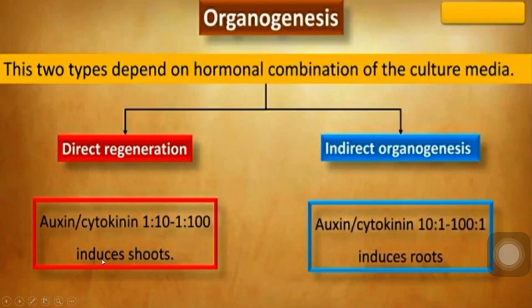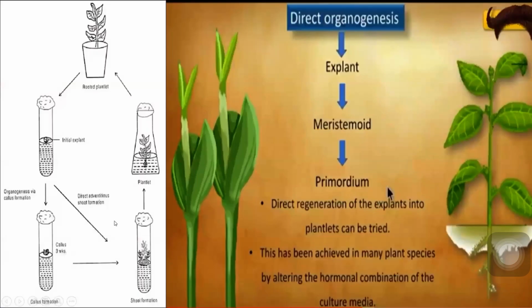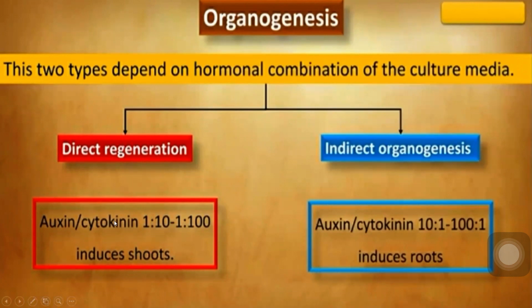Whenever we have to make a shoot under in vitro condition, we have to take both hormones, but the concentration of cytokinin for shoot formation should be more as compared to the auxin.